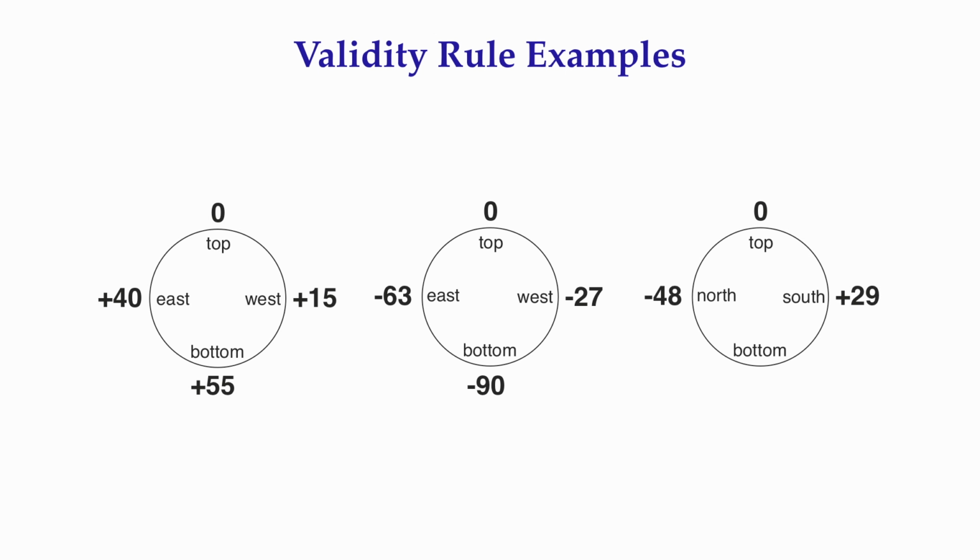Next, we have a minus 48 on the north and a plus 29 on the south. What should we get on the bottom? A minus 19. Yeah, that one was a little tougher.